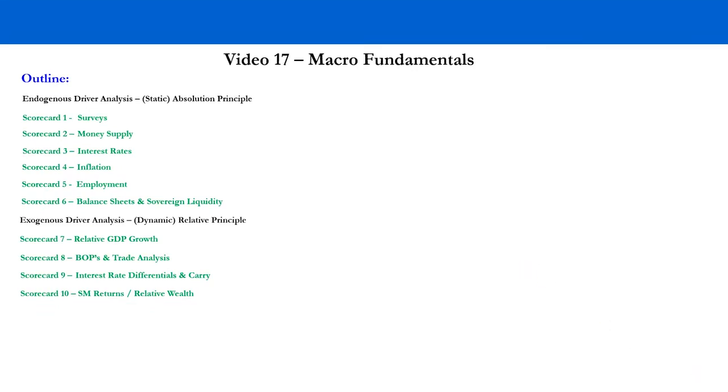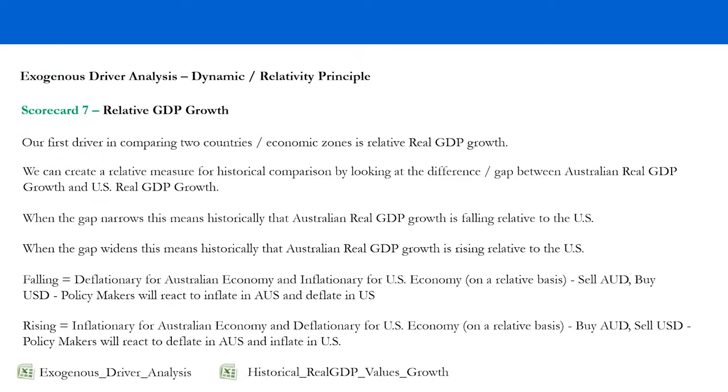When we're looking at relative GDP rates, it's our first driver to compare two countries, because we're looking essentially at the differential of growth between the two economies. So we look at the two countries or economic zones in relative GDP growth terms. How fast is Australia growing compared to the United States? How fast is the United States growing compared to Australia?